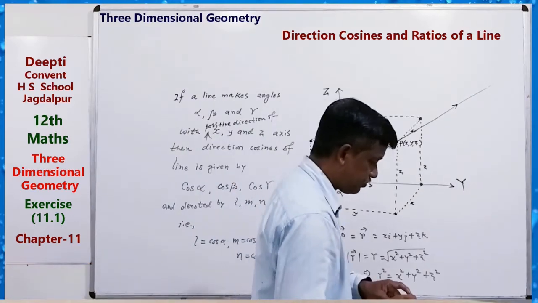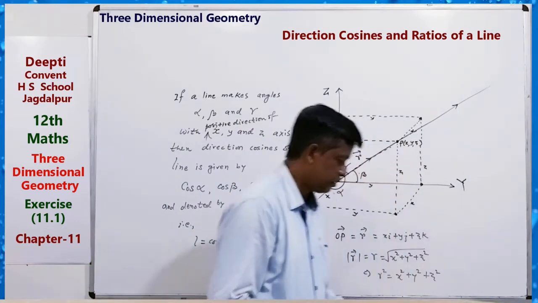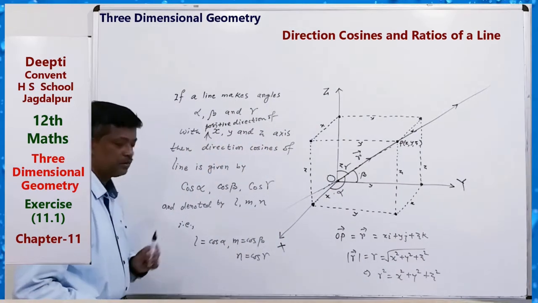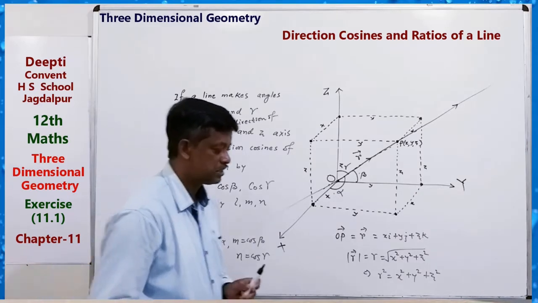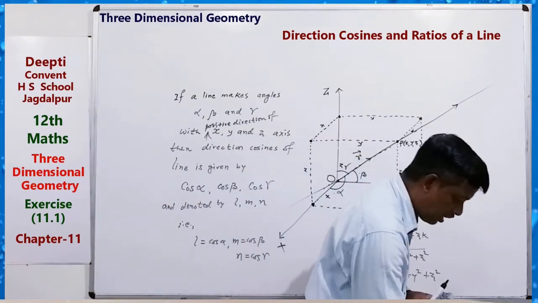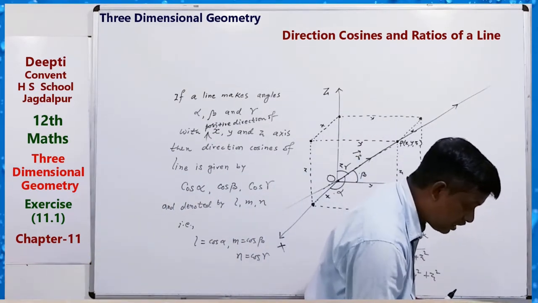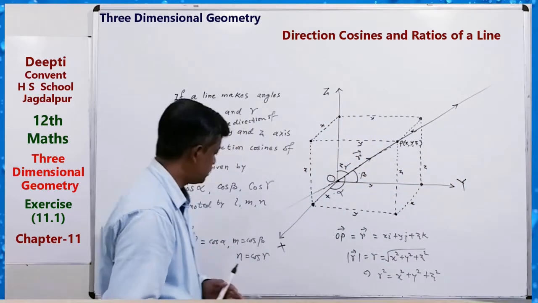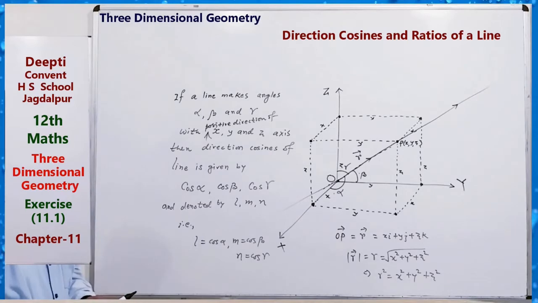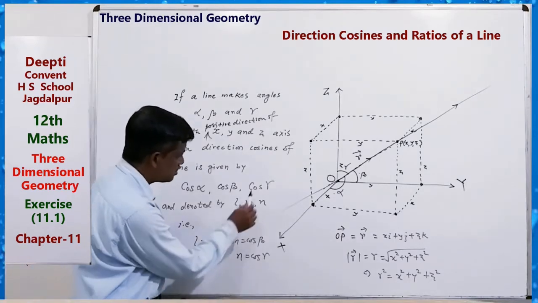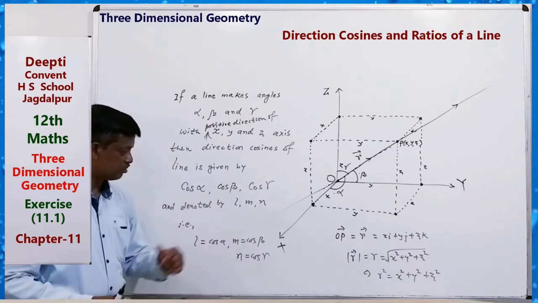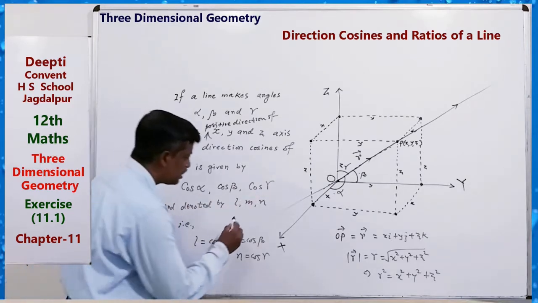Okay, now these are the direction cosines. Now we establish the relation. How can we find direction ratios also? What are direction ratios? If alpha, beta, gamma are the angles made, then we can write direction cosines L, M, N. And direction ratios are what?